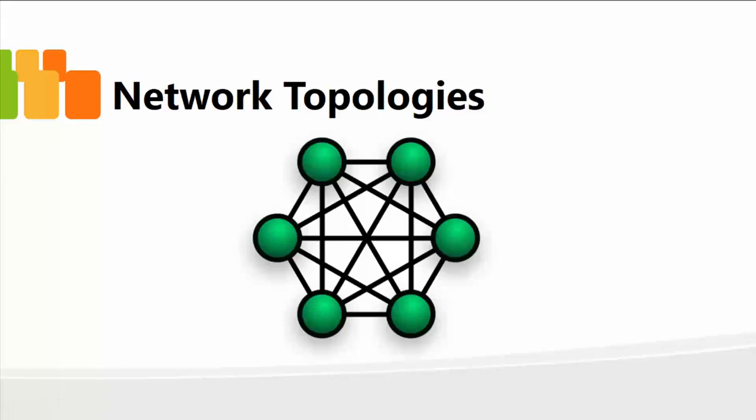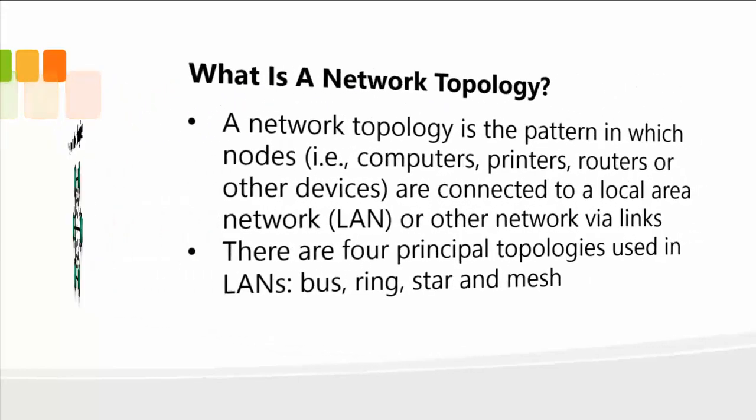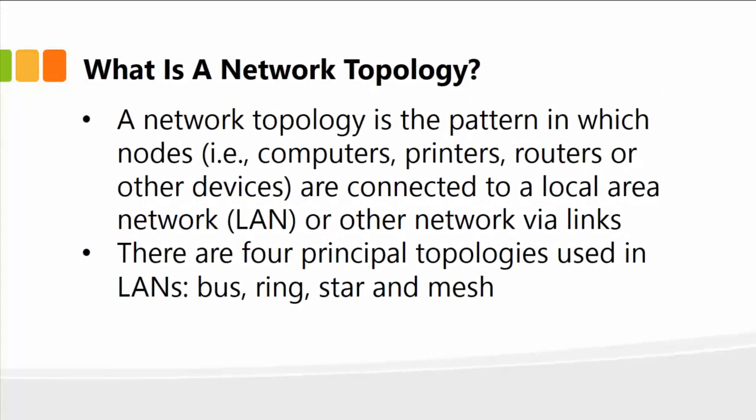In this lesson, I'm going to talk about what a network topology is all about and different types of network configurations or topologies that we can actually use. So the basic definition or the concept of a network topology is that it's a pattern in which various computers, printers, routers, or other devices on your network are connected within your local area network, wide area network, or other network through different links.